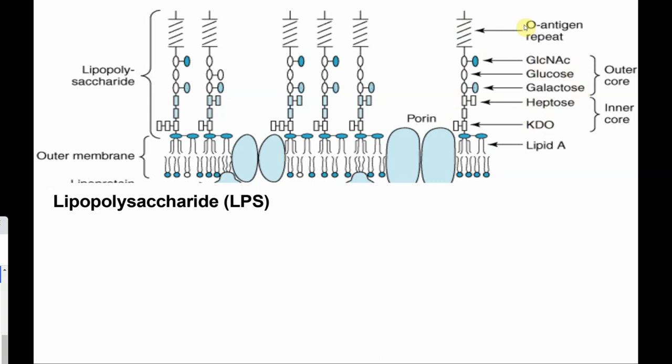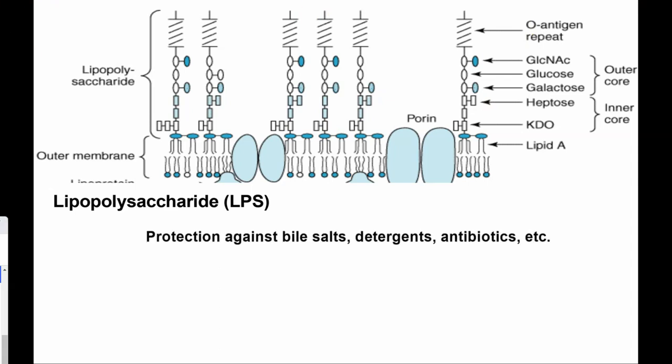Now, what is the function of this molecule? Well, it's basically there to protect the outer membrane against chemical attack. So, of course, detergents, alcohols would disrupt the outer membrane, and also things like bile salts in our digestive tract.